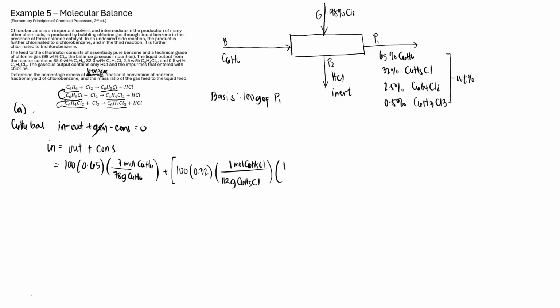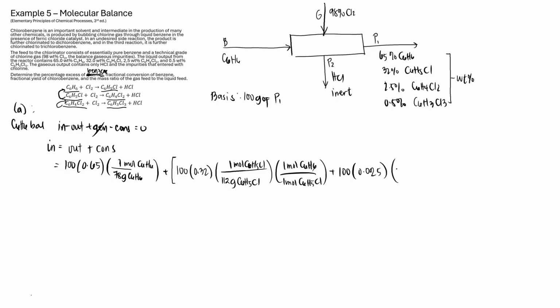And then 1 mole C6H5Cl. That's done. We move on to C6H4Cl2. 100 times 0.25.